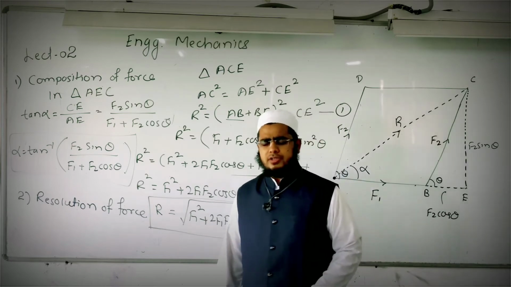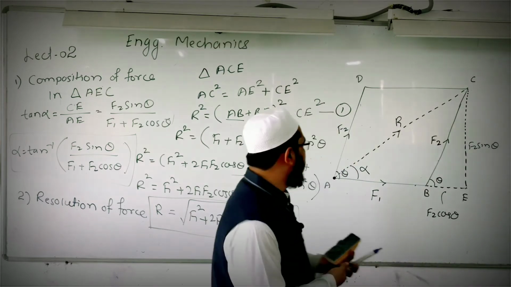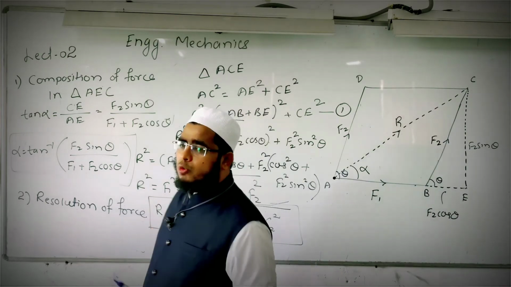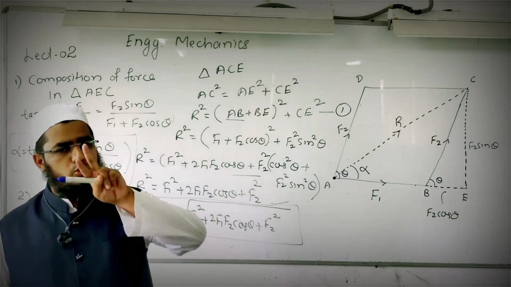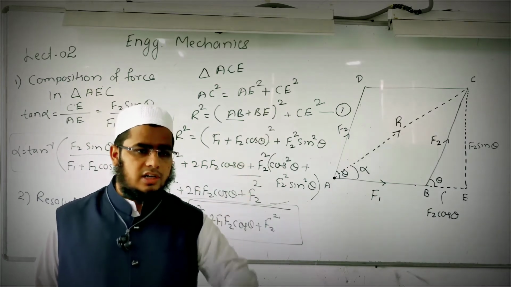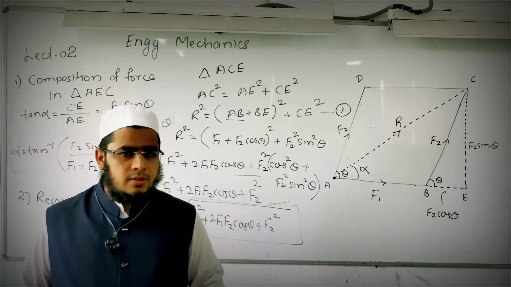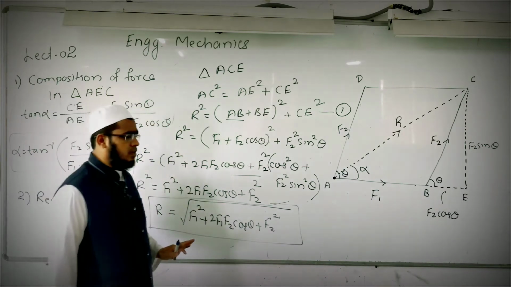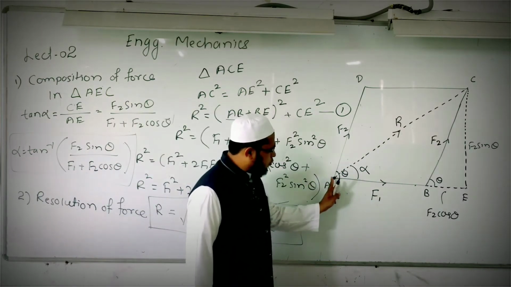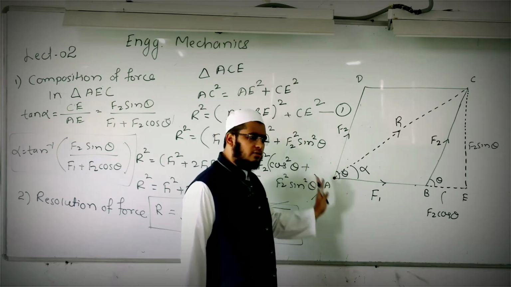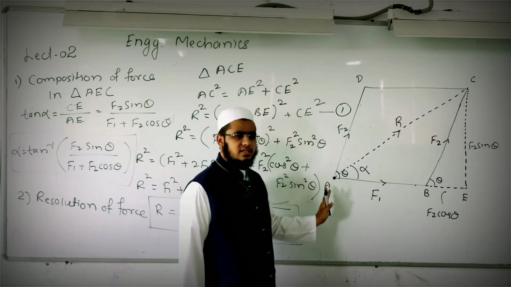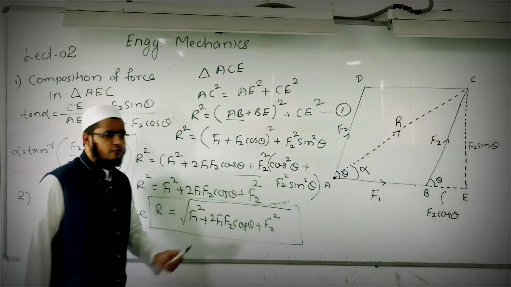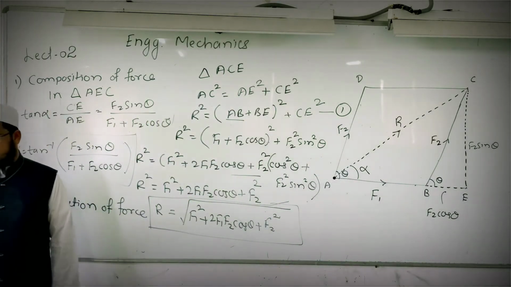But a very important point, the key point for using the law of parallelogram of forces, is that this law is useful only when two forces are acting concurrently. Concurrently means the point of application of the forces is the same.